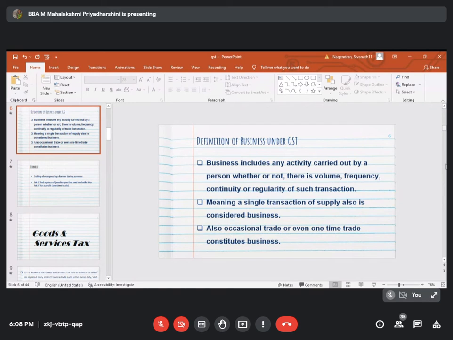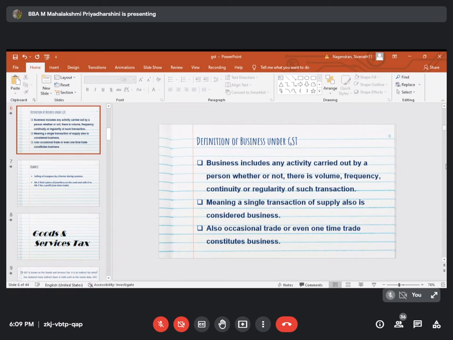But if any activity is carried out by a person by way of selling, I am giving a product, you are giving cash to me, that is a business activity, and that is considered as business. Even a single transaction of supply is considered as a business. Sometimes it may be a one-time trade or occasional trade. Occasional trade in the sense, some products we sell only at the time of seasonal manufacturing or seasonal production, right?